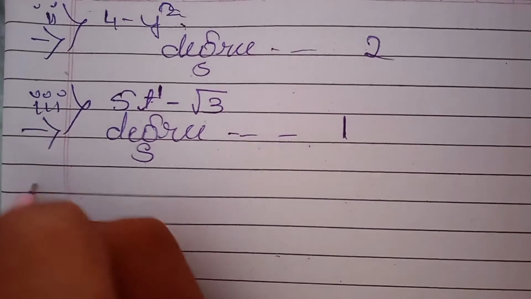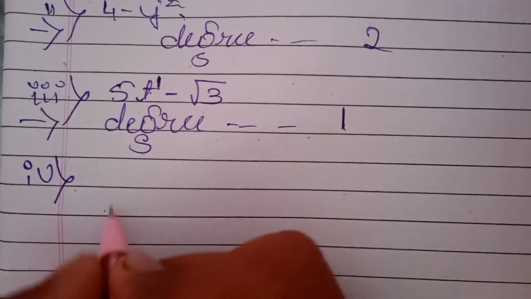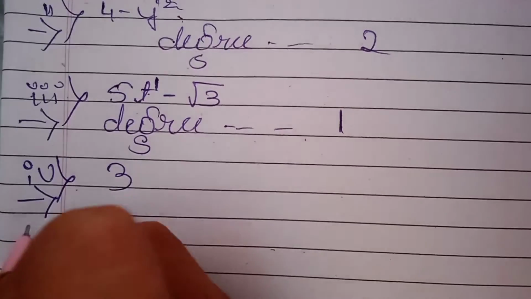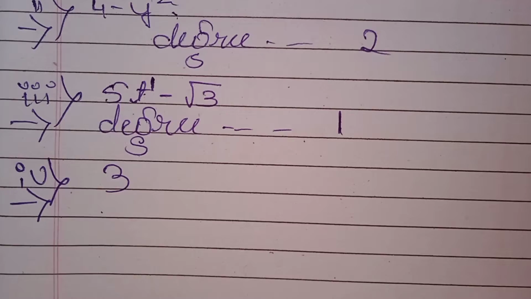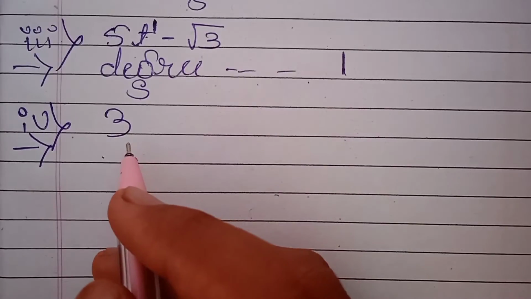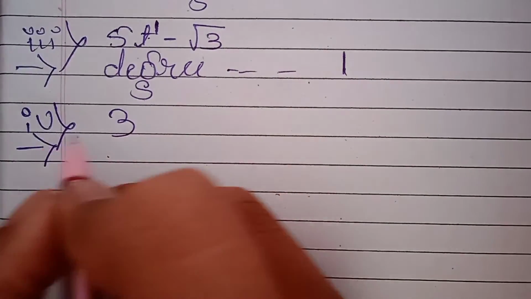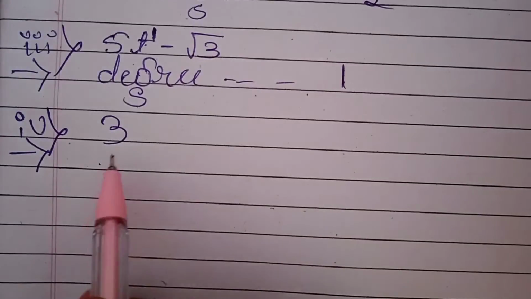Okay friends, the fourth part of the question is 3. Friends, concentrate here. See here friends. There is no variable in the fourth part of the fourth question of 2.1.